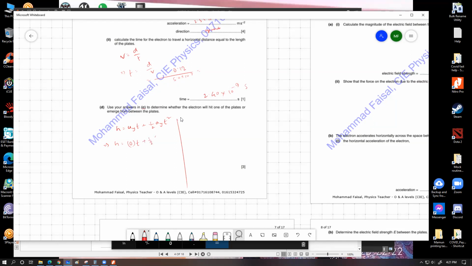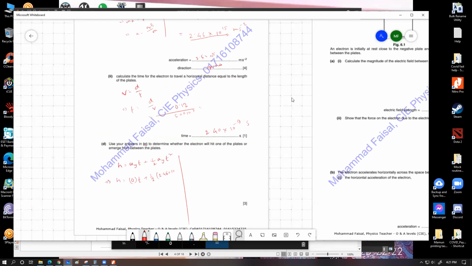We calculated that. I'm going to write 2.46 into 10 to the power 15 multiplied by 2.40 into 10 to the power minus 9 whole squared. So that's the equation that I have.